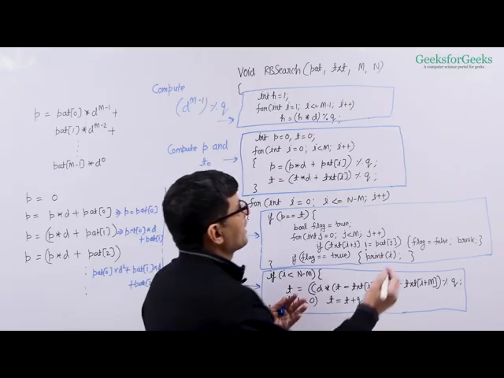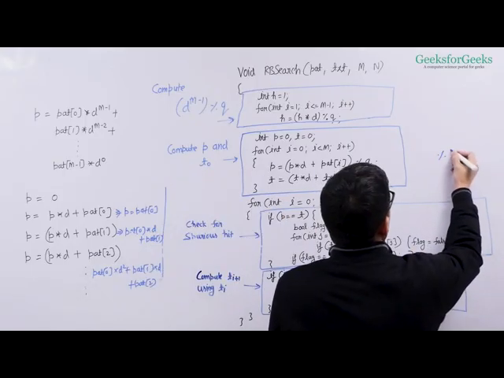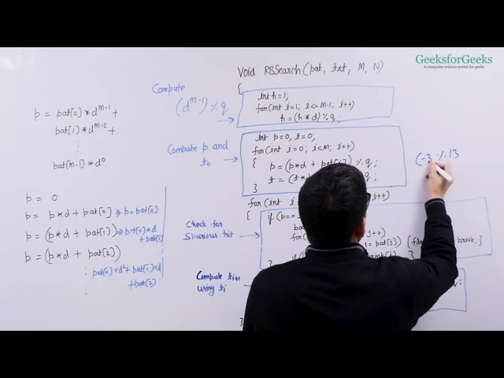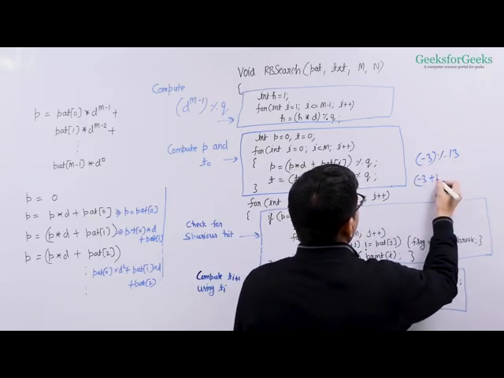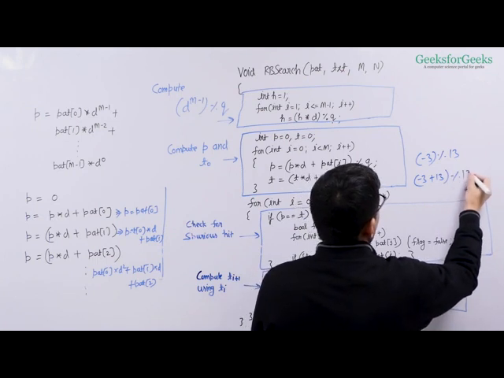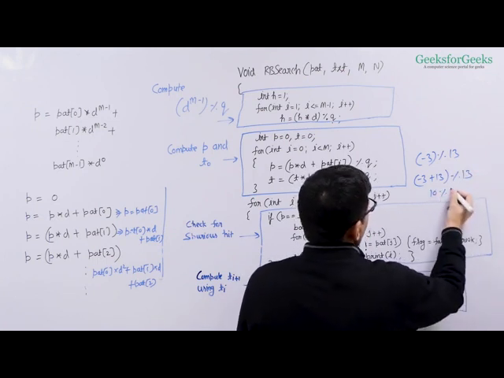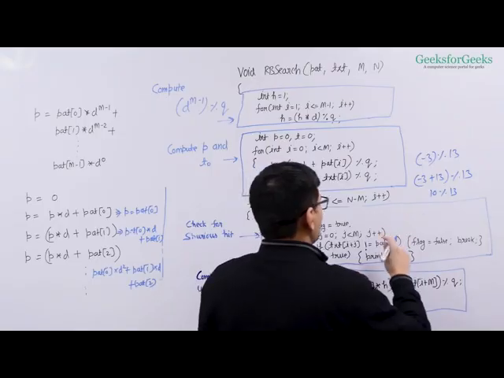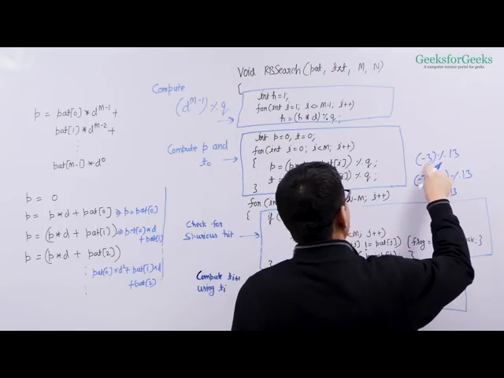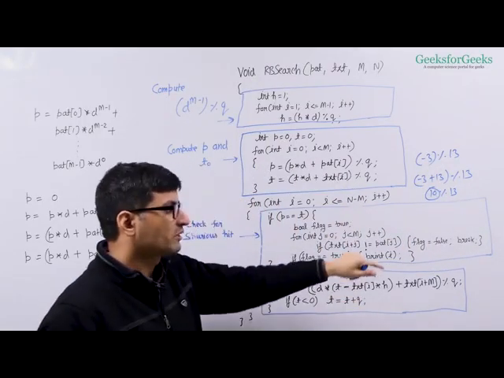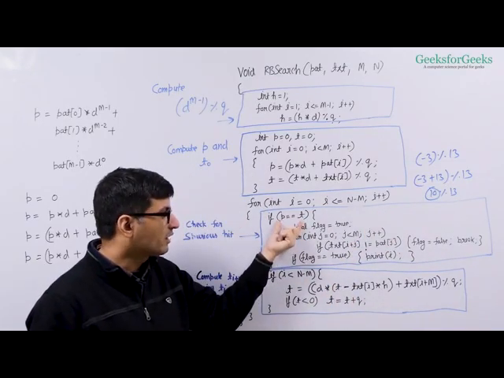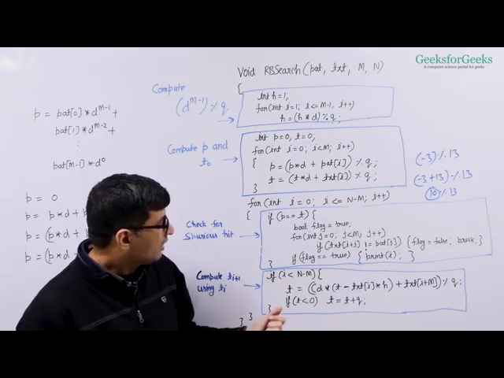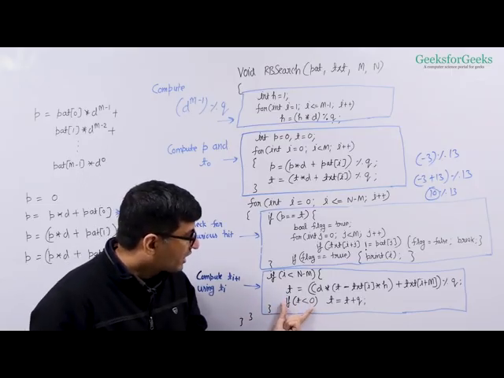Please note that if you have modulo computations, for example, minus 3 modulo 13 is equivalent to minus 3 plus 13 modulo 13, right? So this is 10 mod 13. So what you want is the number 10. You do not want minus 3 because the other number is also positive. You want to ensure that both the numbers are positive. So when you compare them, they compare well, right? So that's the purpose of writing this condition.